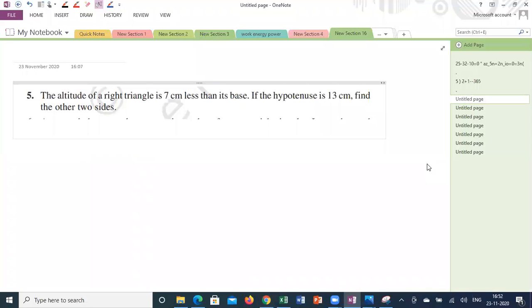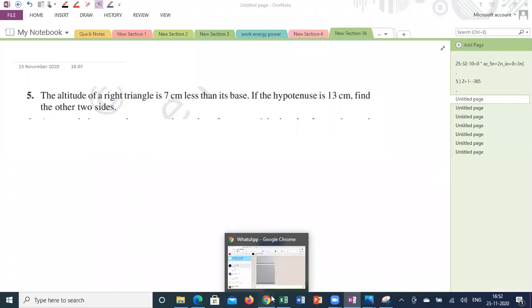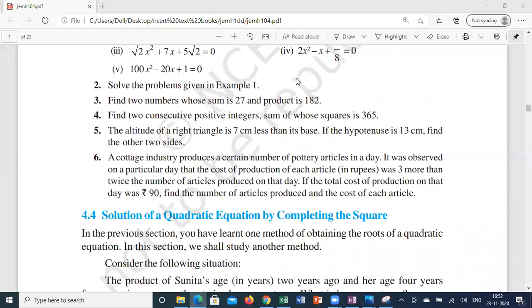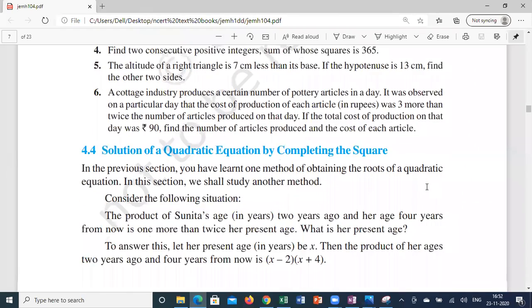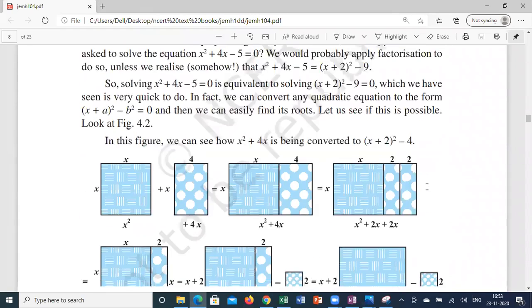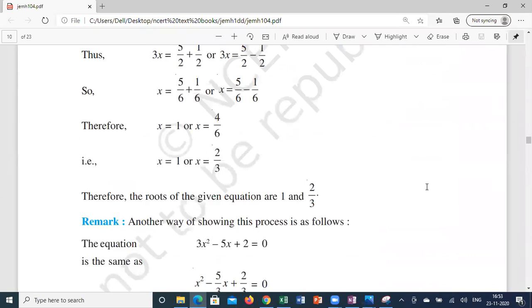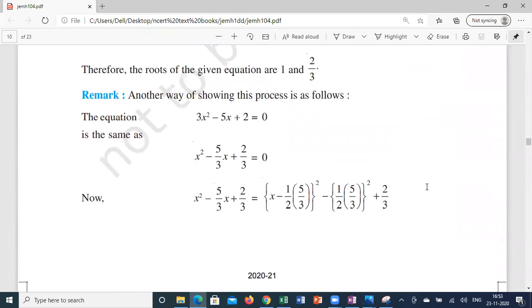We'll go for one more question from solutions of the quadratic equation by completing the square method. Hope you know how to do the completing the square method. Any doubt? One question we will do, or will you try directly solving?